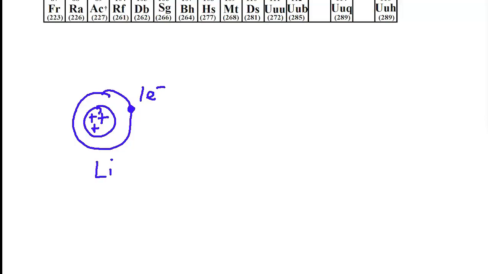Then if I were to take a look at beryllium, beryllium's going to have 4 protons in its nucleus, and then in its shell, it's going to have 2 electrons. So what's happening here is that the extra proton gives more pulling ability. So there's a greater effective nuclear charge. It has a greater pull on the electrons that are surrounding. And you're going to find the same thing as you go on.